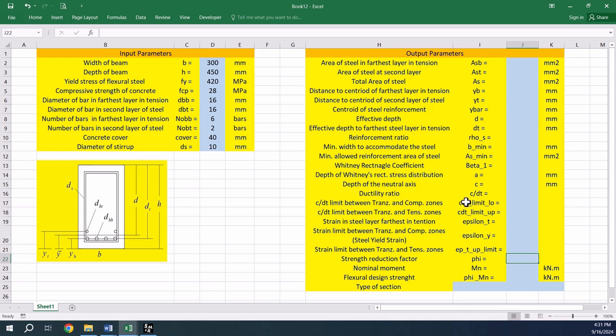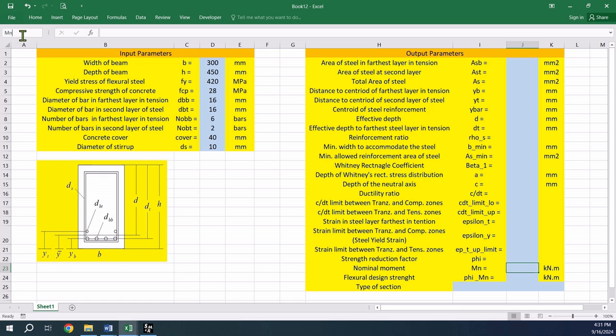Remember, you can use either c over dt or epsilon t in order to determine the section ductility, determine whether the section is in the tension, transition, or compression controlled zones. This parameter will be given the name phi.